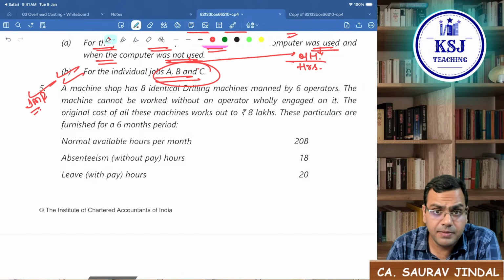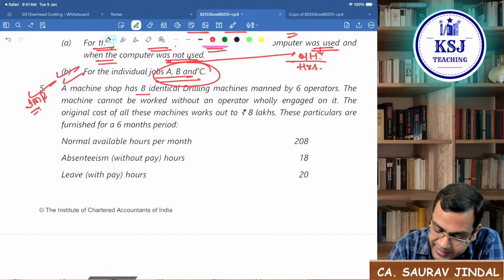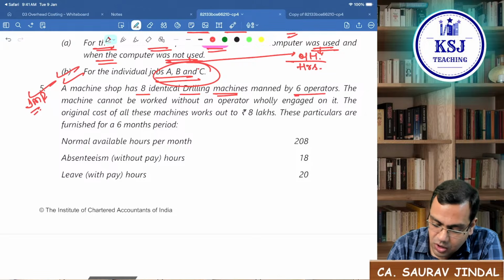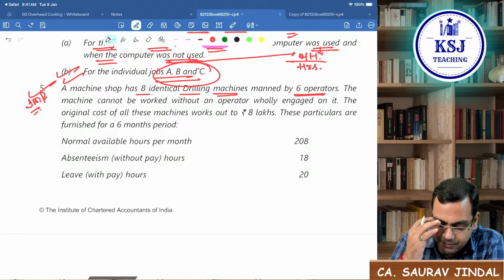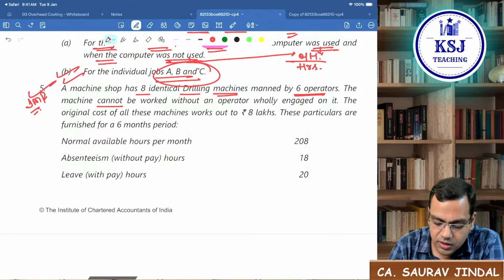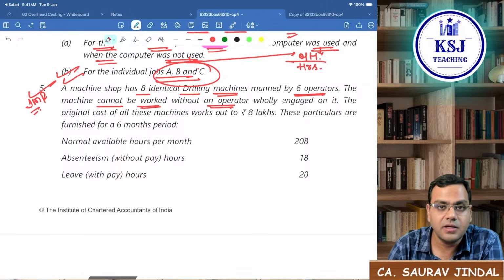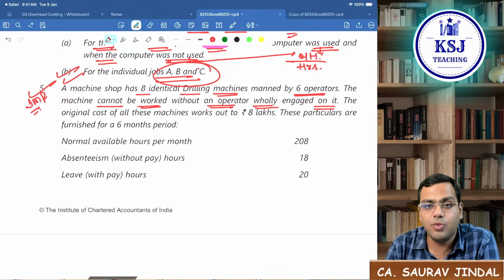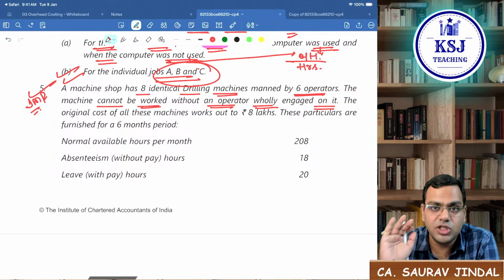A machine shop has 8 identical drilling machines manned by 6 operators. A machine cannot be worked without an operator wholly engaged on it. So that means out of 8 machines, at any point of time only 6 machines are working, right?